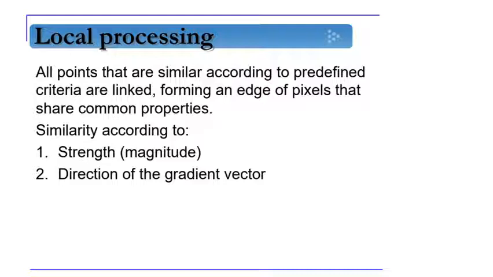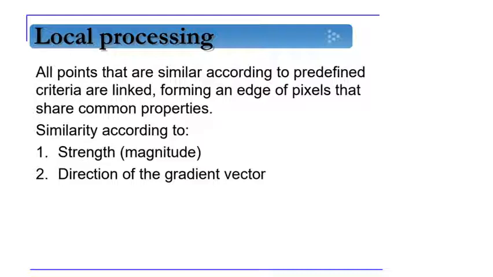We can consider a 3x3 pixel mask, and then each pixel will be compared with all its neighbors. If you consider a 3x3 mask, one pixel has 8 neighbors. So one pixel will be compared with 8 neighbors for similarity according to predefined criteria, to find whether they are linked or not.